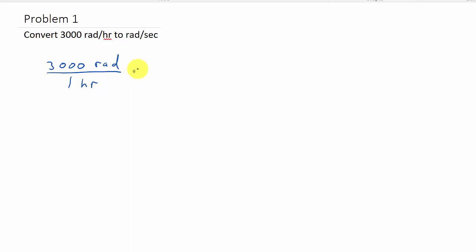So we need seconds down here. The radians is fine, because what we want is radians per second. So the radians in the numerator is fine, but down here we need hours to change to seconds.